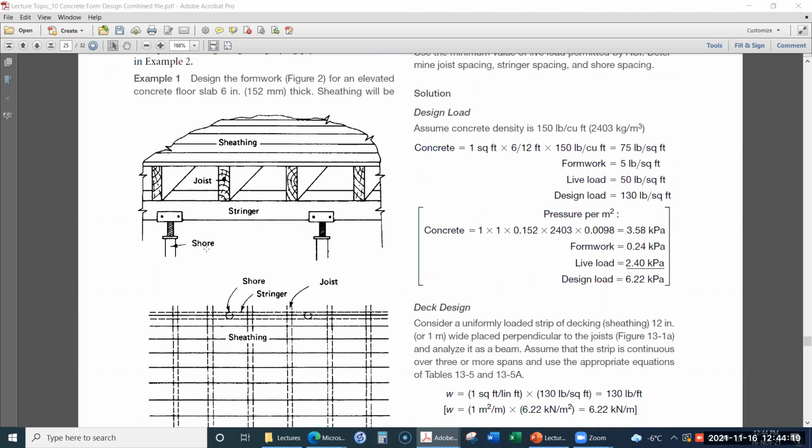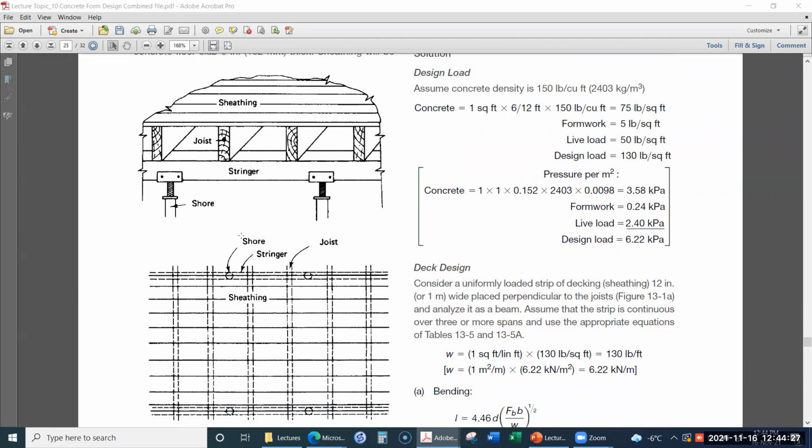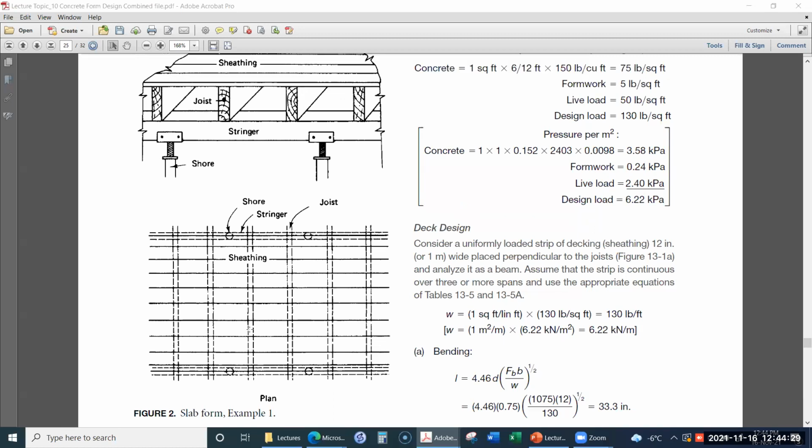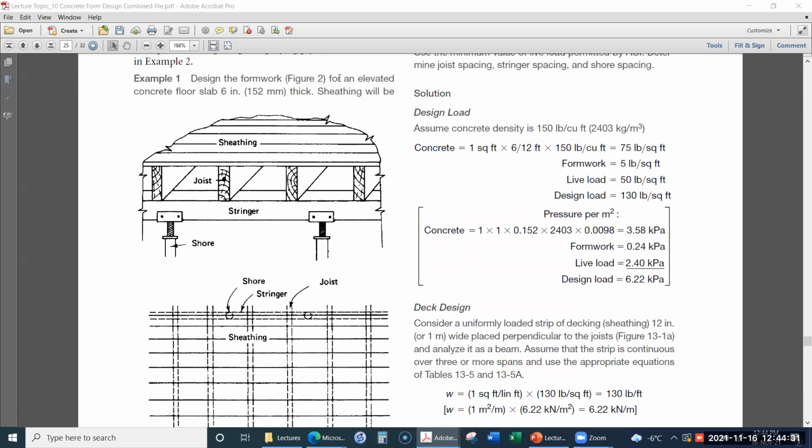Okay, let's start this example one. What does example one say? Design the formwork given in this figure for an elevated concrete floor slab which is 152 millimeter thick, that is 6 inch. Of course, both types of units are given, but I will be following the SI units.